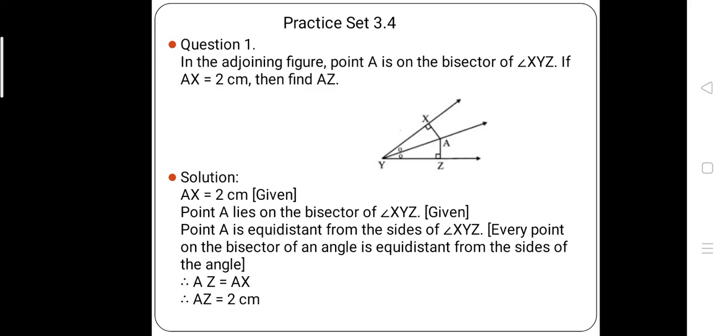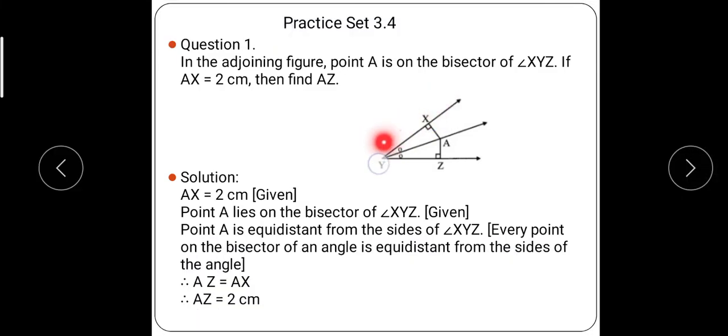Now on the basis of this theorem, we have to solve your practice set 3.4. In the adjoining figure, point A is on the bisector of angle XYZ. If AX is equal to 2 cm, then find AZ. Just the angle bisector theorem, all of you know that.